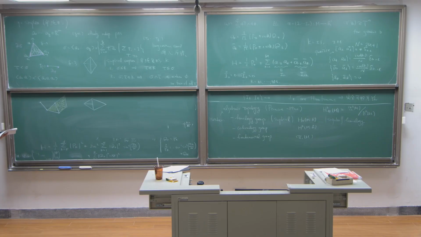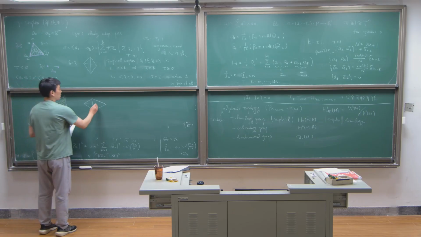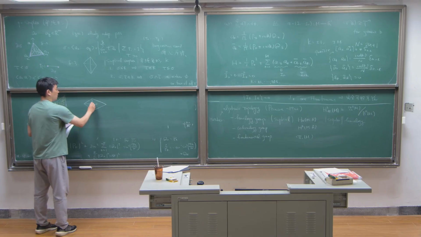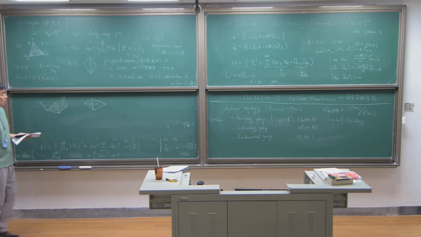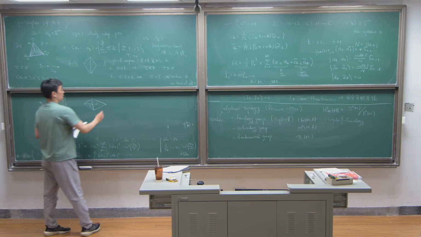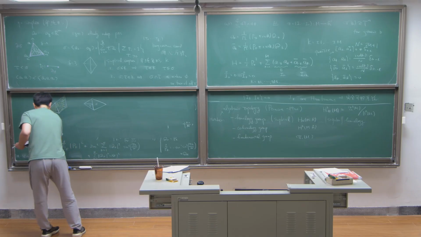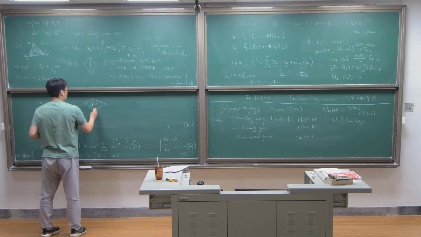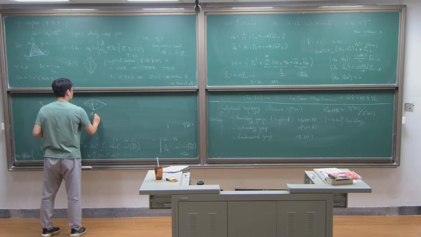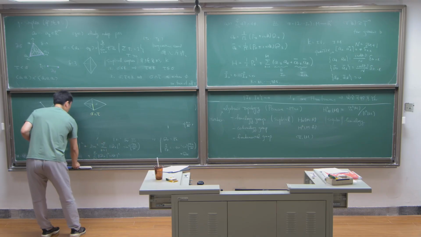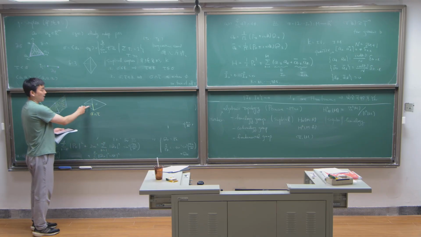However, if you consider the following thing, this is not a simplicial complex. For instance, consider sigma here and tau here, and this part is sigma union tau. This is a face of tau.